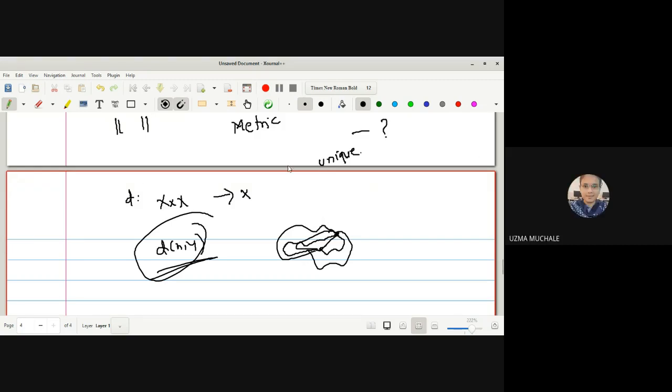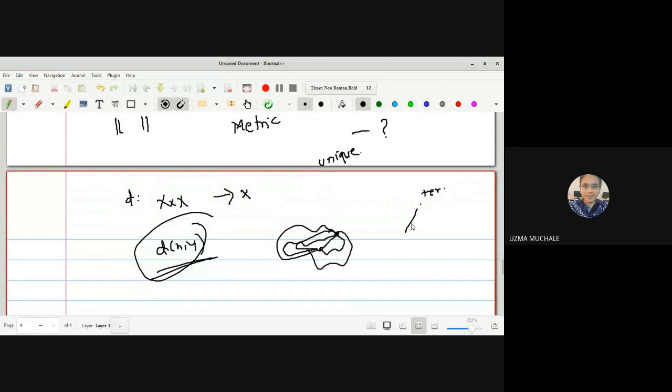Imagine, suppose you are at home and your mom is on the terrace. Your mom is standing on the terrace and you are on the ground floor. If she calls you, will you follow the straight line to reach her? No, definitely not, right?